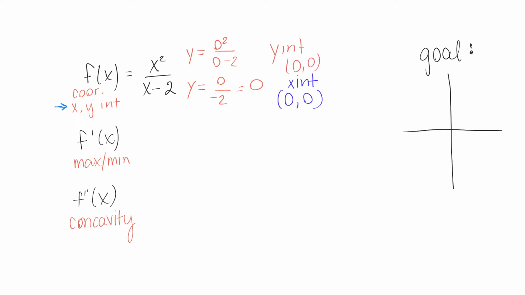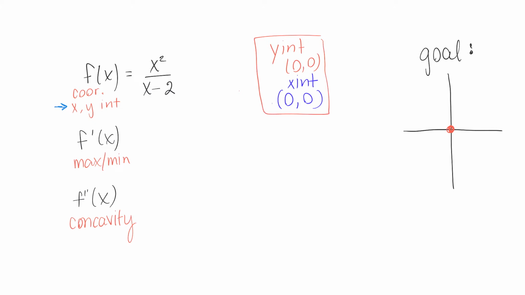But that was worth going through the process because that won't always happen, obviously. So just making sure we know how to find an x and y-intercept. If you don't, I failed at my job, I think. Okay, so 2 important pieces of information. So I'm going to go over here and I'm going to plot that point.